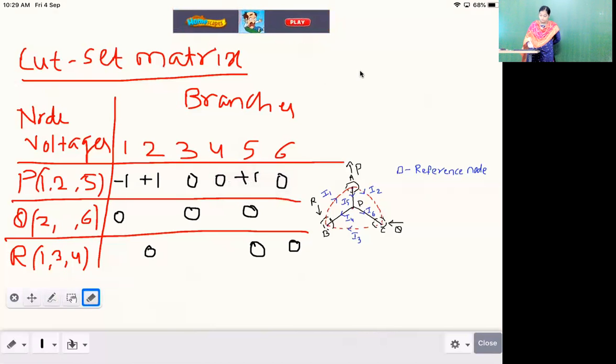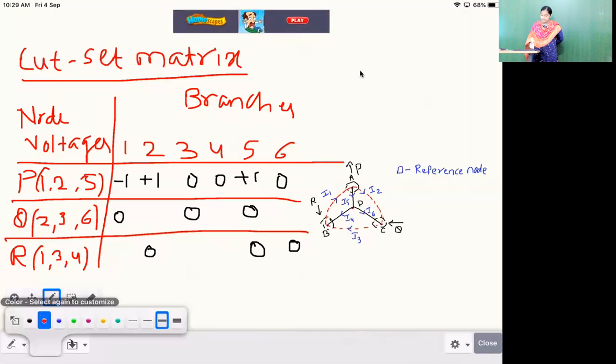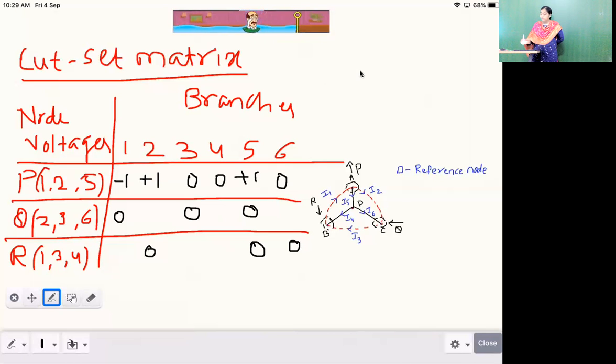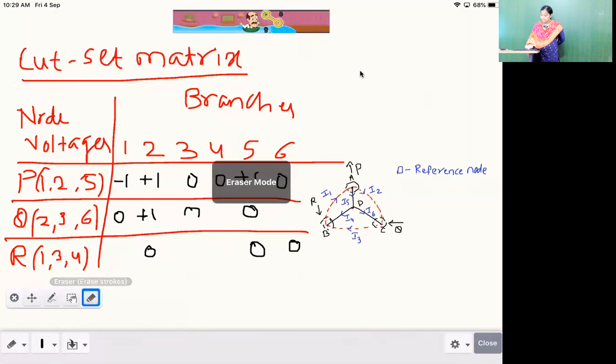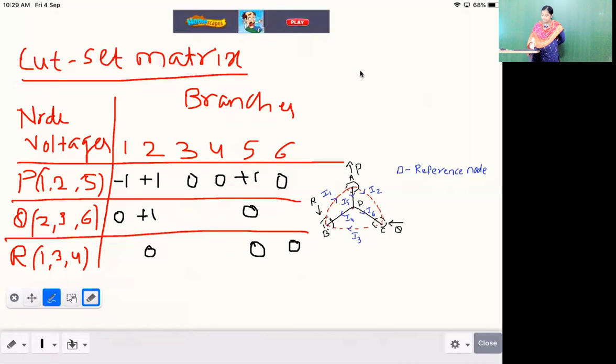Now you have to see, 2 is entering the node, 6 is entering the node, whereas 3 is leaving the node. Entering has to be considered positive because Q is entering. So 2 is entering, +1, 3 is leaving, so you have to write -1.